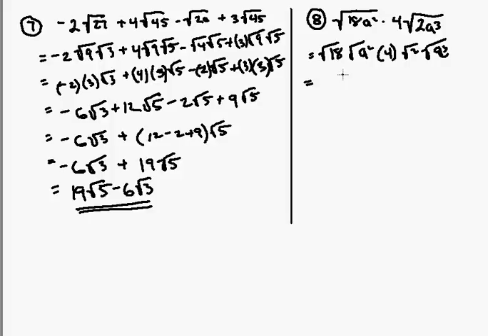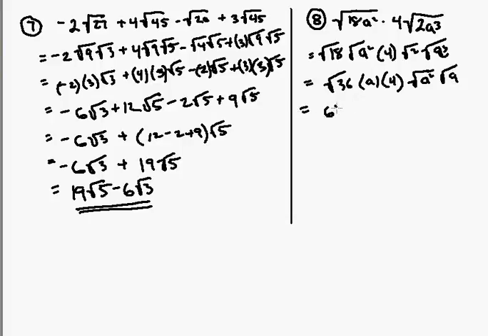Multiplying the two numbers inside square roots, 2 times 18 is 36. So I have the square root of 36. The square root of a squared is a. There's 4. And then I have a cubed, which is a squared times a, so the square root is a times the square root of a.